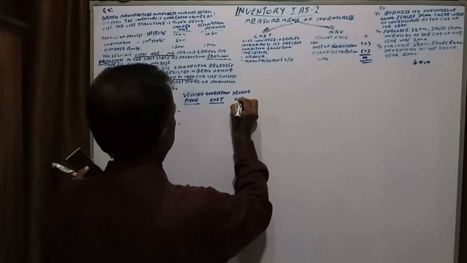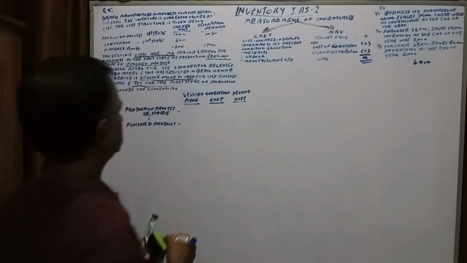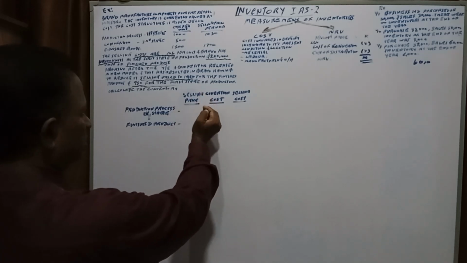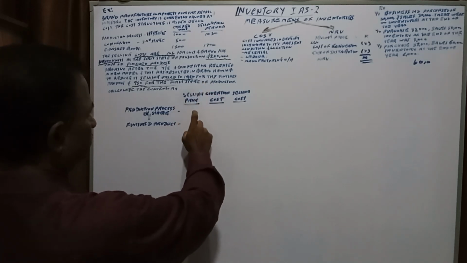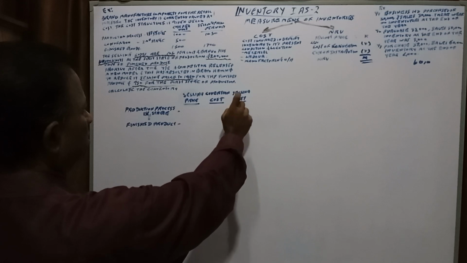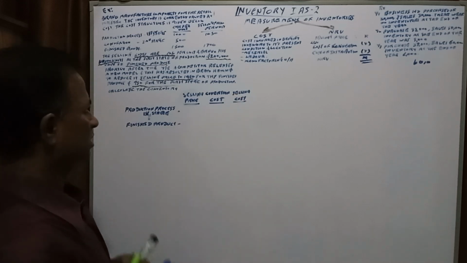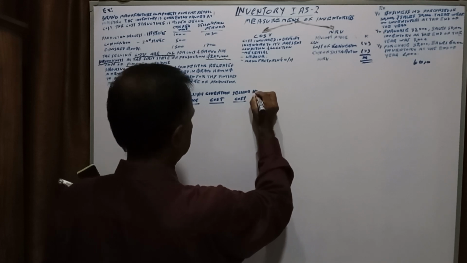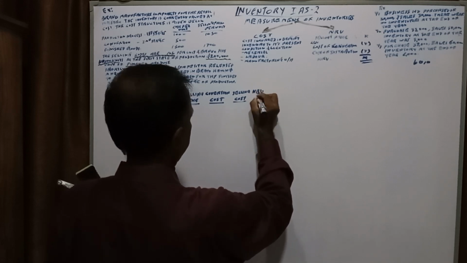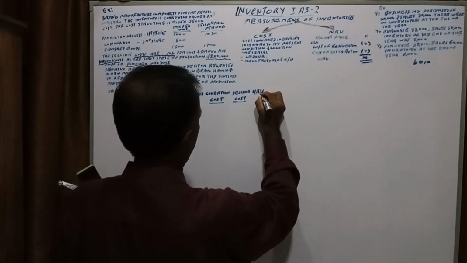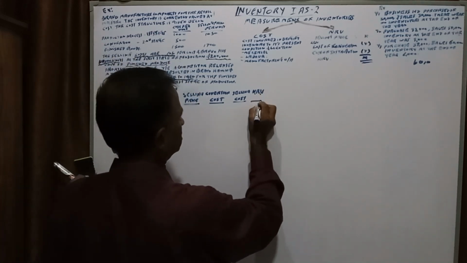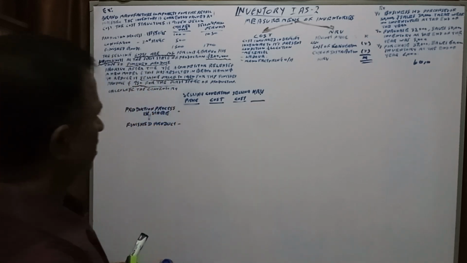You have to deduct the selling cost and conversion cost from the selling price, then you will arrive at the net realizable value. This is the net realizable value, right?